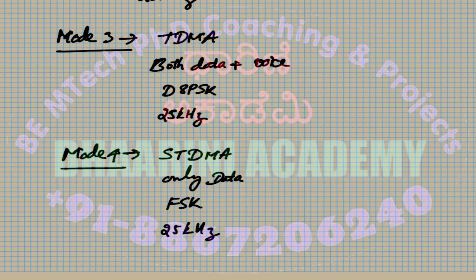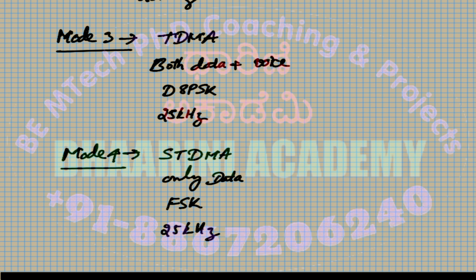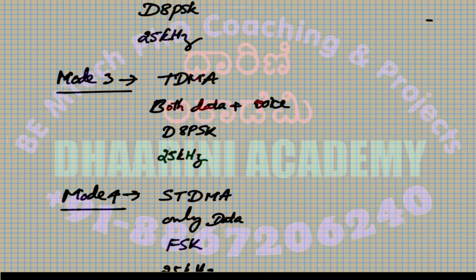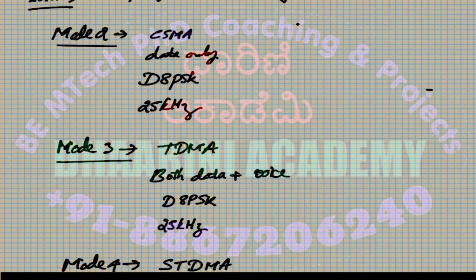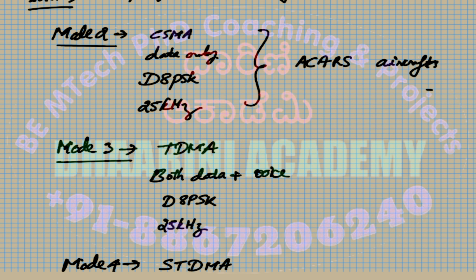Okay, so now coming back to this, let's see where the techniques are developed, right? So mode 2 was originally developed for ACARS type of aircraft. It's actually a specific name for the aircraft.